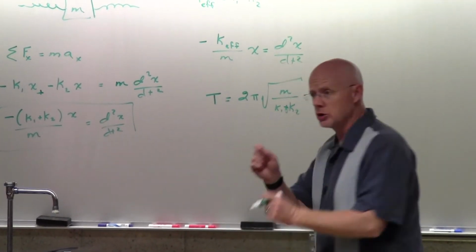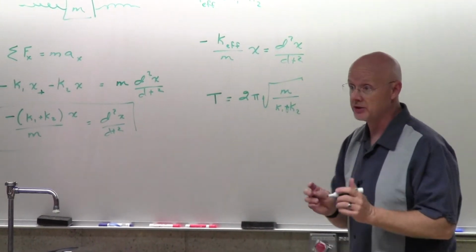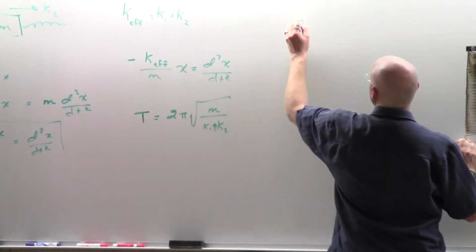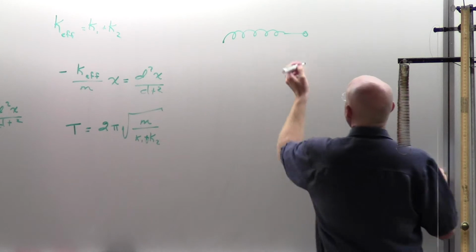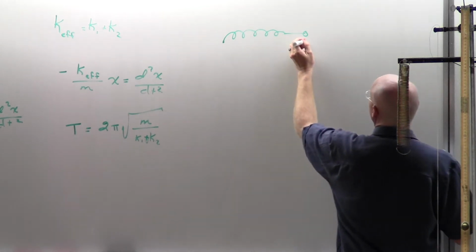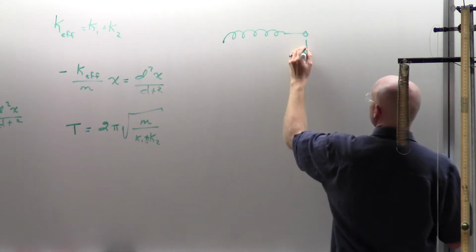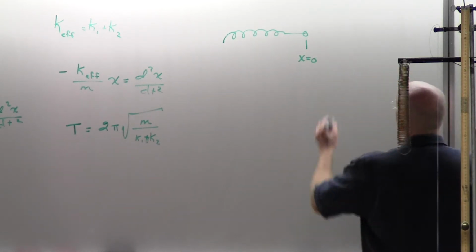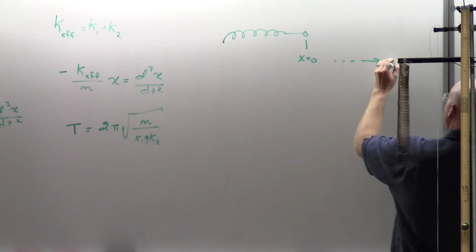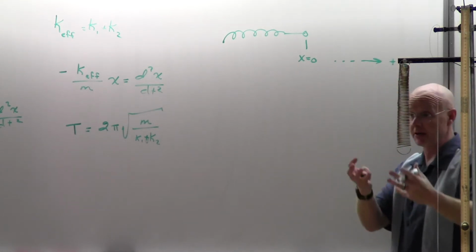So let's look a little closer at Hooke's law, because I think that's where it boils down to for you. If you have just a spring here, and you pull it, well, how about if I call this x equal to 0 for a moment? And we will call this the positive direction, the traditional positive direction.